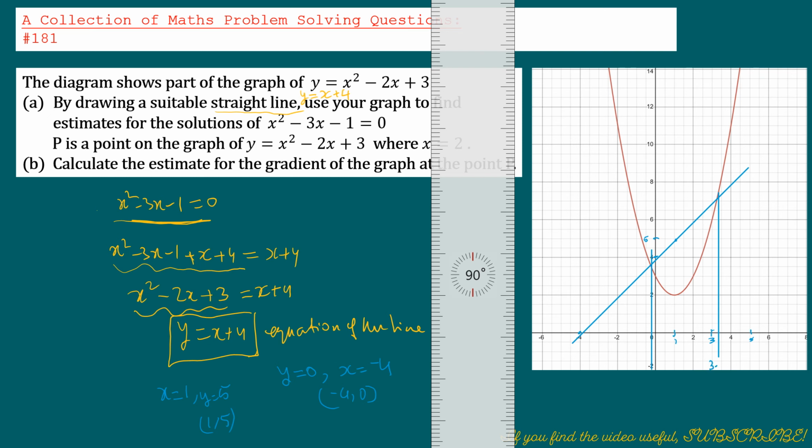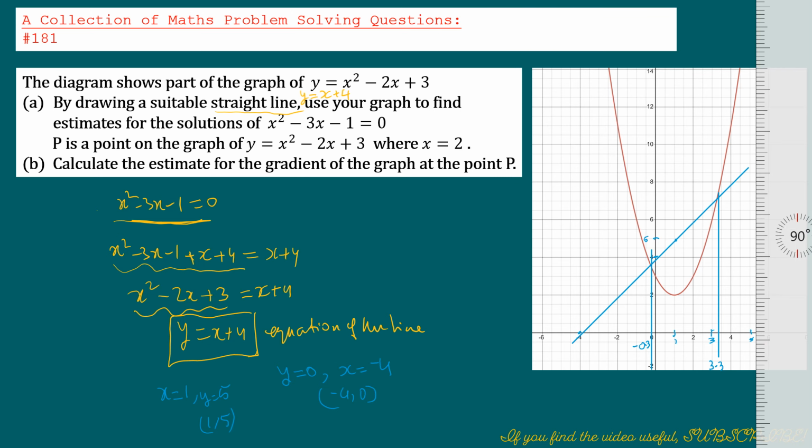So if I say this would be 3.3. And on the other side it's less than 0.5, and it's negative, so it will be minus 0.3.